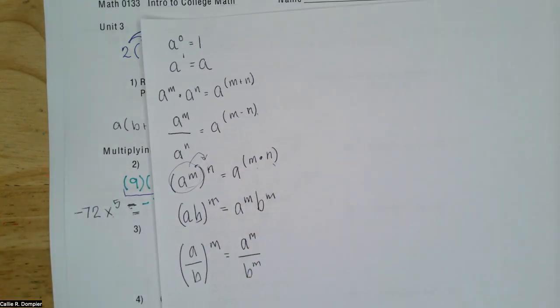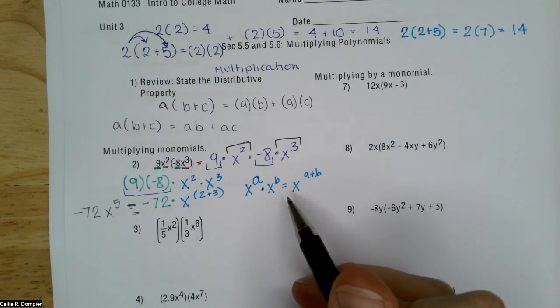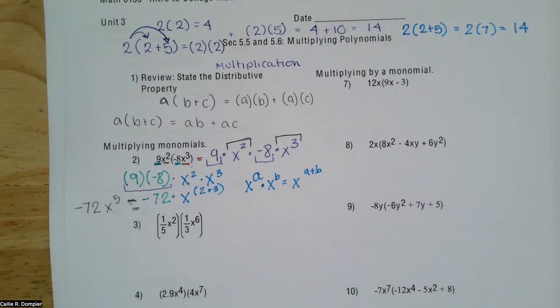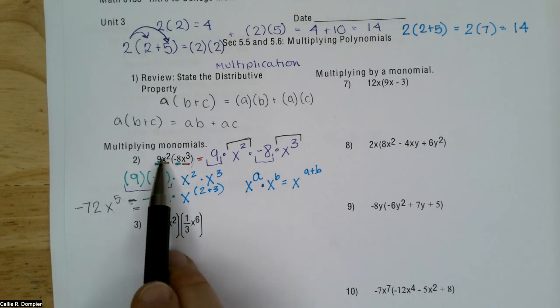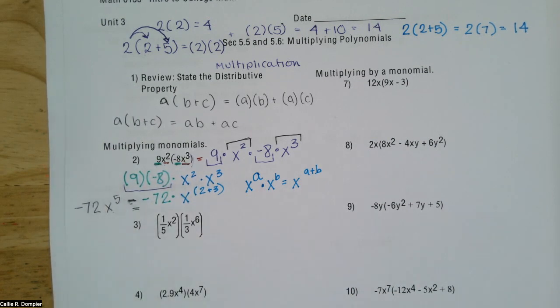Good. So those are the rules we are using today. We just used the product of exponents rule. We got 9x squared times -8x cubed is -72x to the 5th.